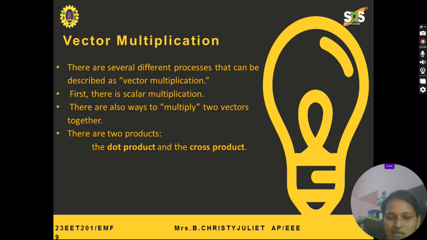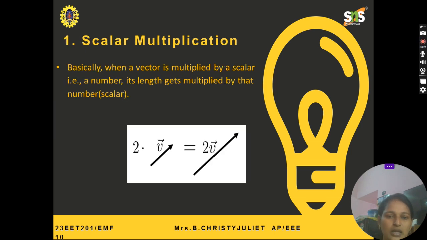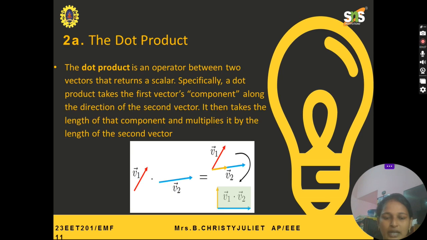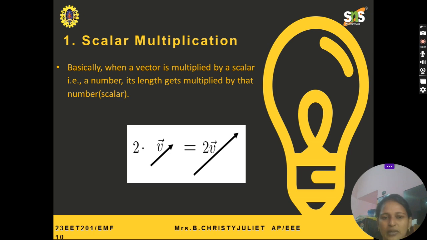In general, the two multiplication methods predominantly used for vector multiplication are the dot product and the cross product. Scalar multiplication is when a vector is multiplied by a scalar, which we have already discussed.